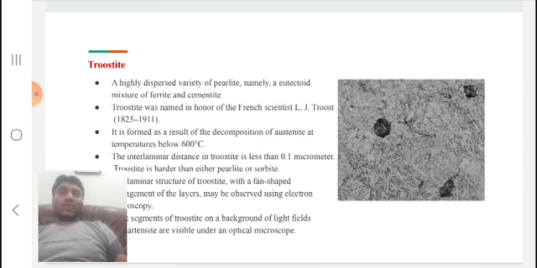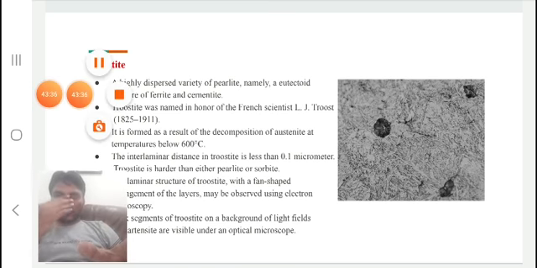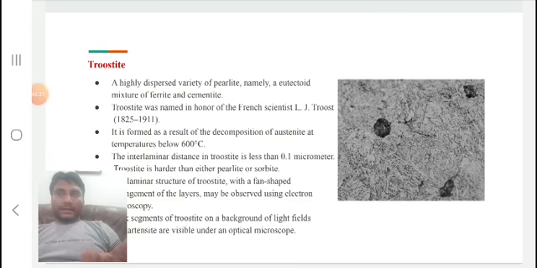Whatever structure we have at the surface area, the same structure should be there in the core region. Otherwise there will be variation in the mechanical properties throughout the cross section of the component. So with this I wind up this session.